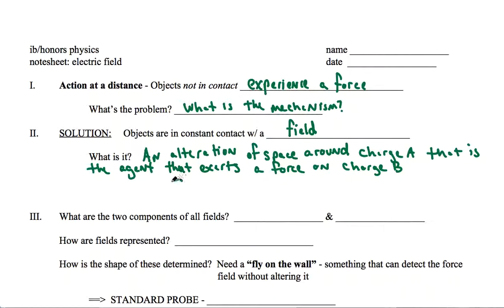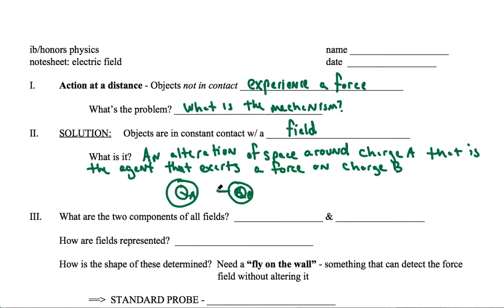So if we have these two charges, doesn't matter what their sign is, charge A and charge B, charge A exerts this alteration of space around charge B to let charge B know that it's there.